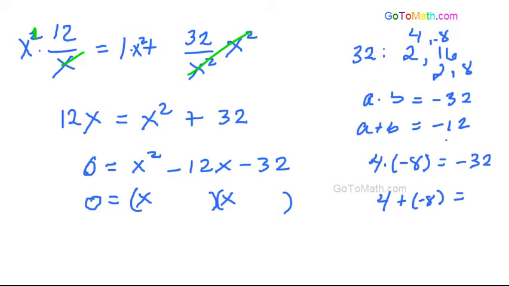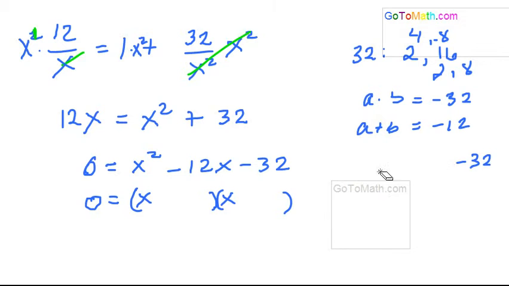That doesn't give us negative 12. What am I thinking? I thought I was on a roll there for a minute. That's going to give us a negative 4. We need a negative 12. I was really thinking that was it. Alright, that's okay. Hang in there.